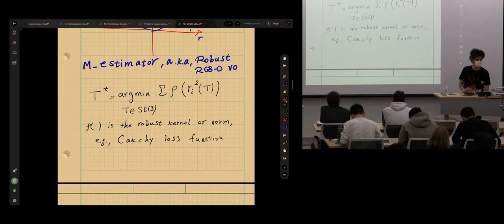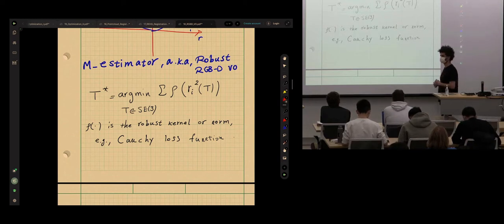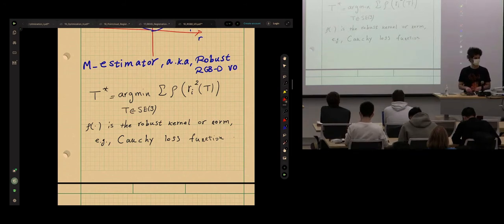So we covered that in the optimization lecture. But this is no longer a least squares problem, because now it's wrapped around another loss function. It's not a least squares problem. How can we solve this?